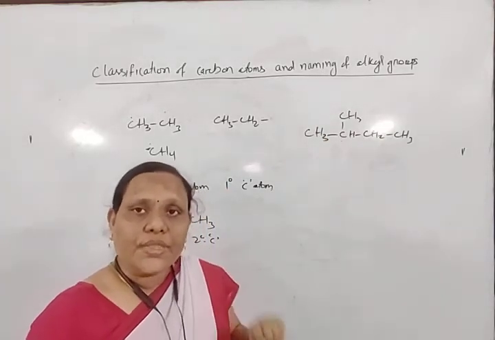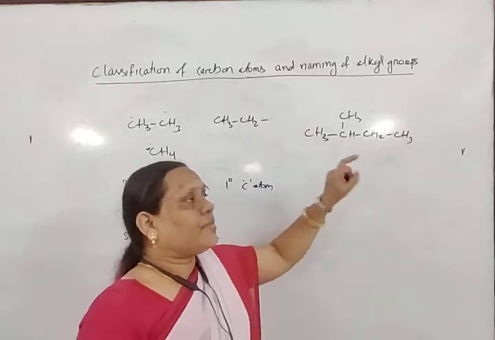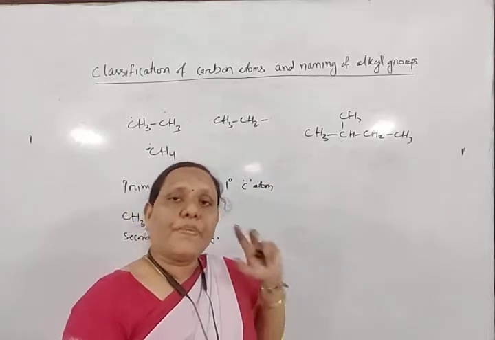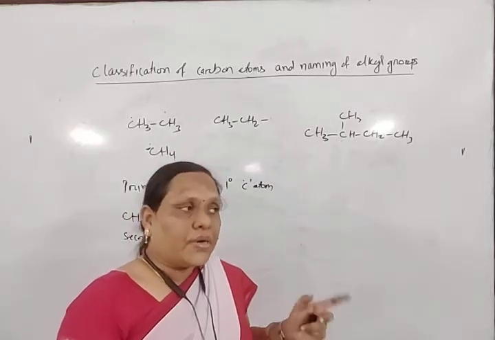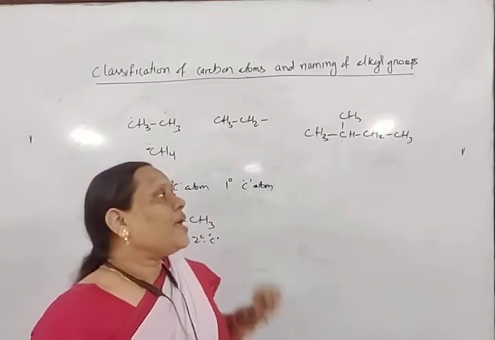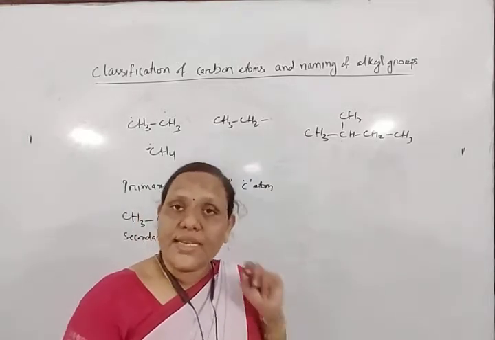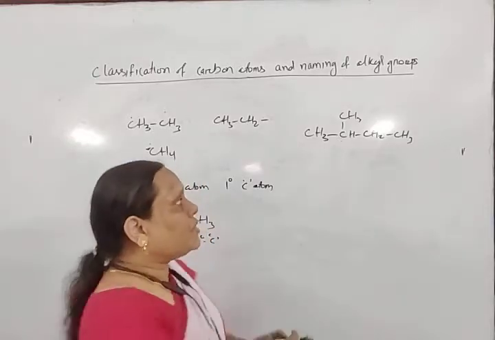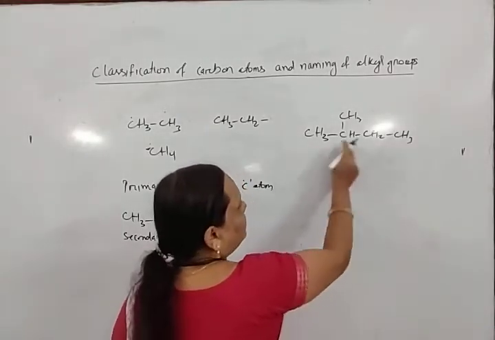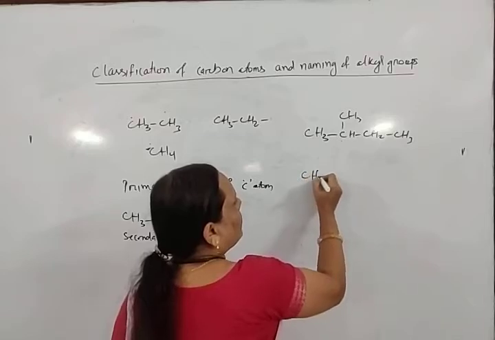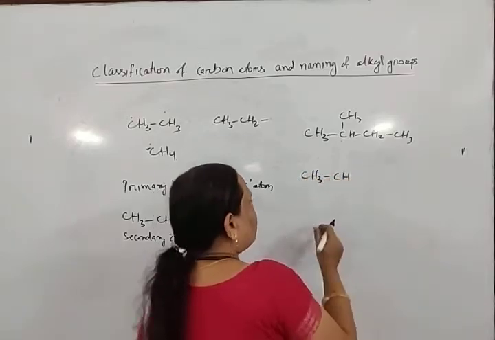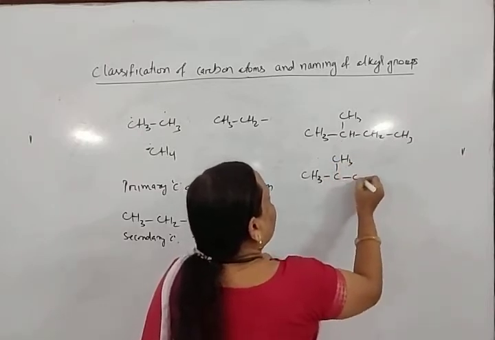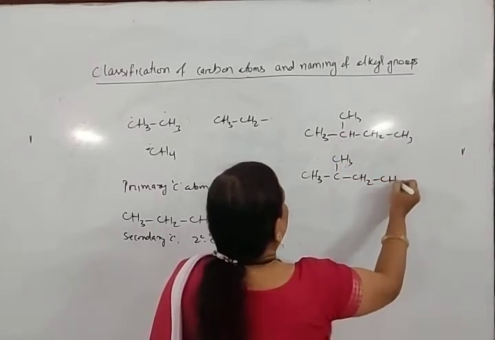If any hydrogen is removed from the secondary carbon, that is known as a secondary alkyl group. If any hydrogen is removed from a primary carbon, that is known as a primary alkyl group. And if the hydrogen is removed from a tertiary carbon, that is known as the tertiary alkyl group. So look here, in this case the tertiary hydrogen is removed, CH3 and CH2, CH3.